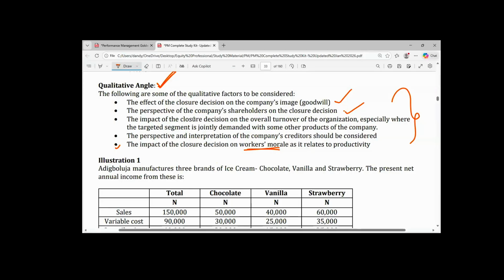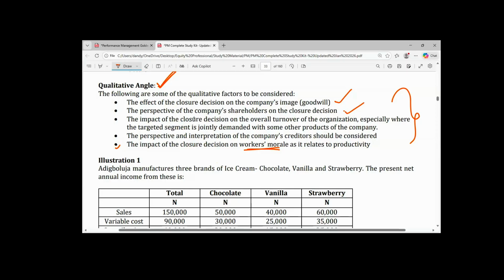Another factor is that the company must consider the level of negativities that the closure decision can bring to the organization in relation to litigation and the compensation to the affected staff. Because if you delete a particular segment, if the company has a workers union, the union may rise up against the organization, and that may create negativity and a bad image for the company, and you want to avoid it.